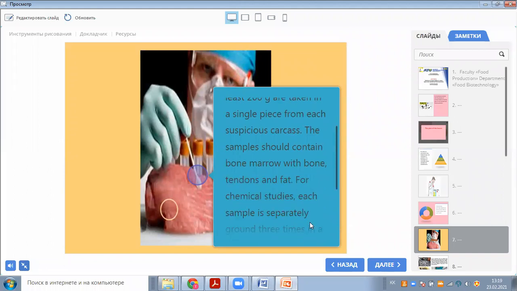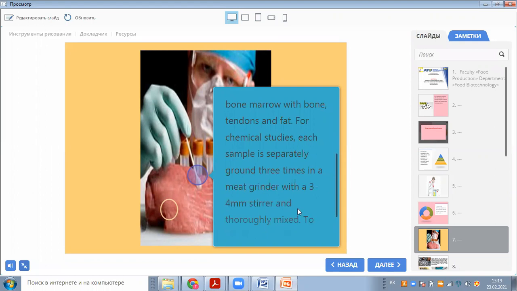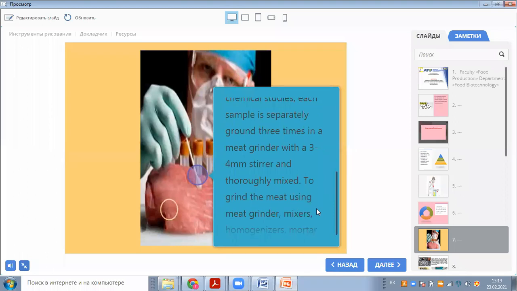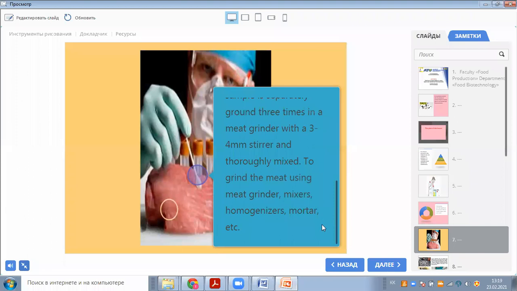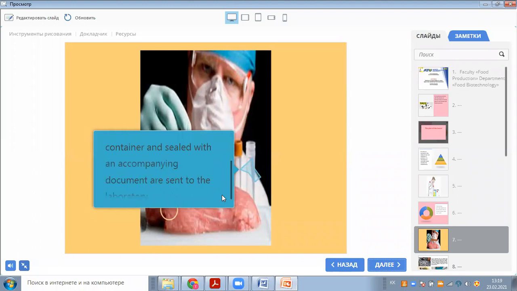And for chemical studies each sample is separately passed 3 times through a meat grinder with 3 or 4 millimeter holes and thoroughly mixed. And to grind the meat, use the meat grinder, mixer, homogenizers, mortar, and other apparatus. And the samples taken for research are put in a moisture-proof container and sealed, and with accompanying documents sent to the laboratory.